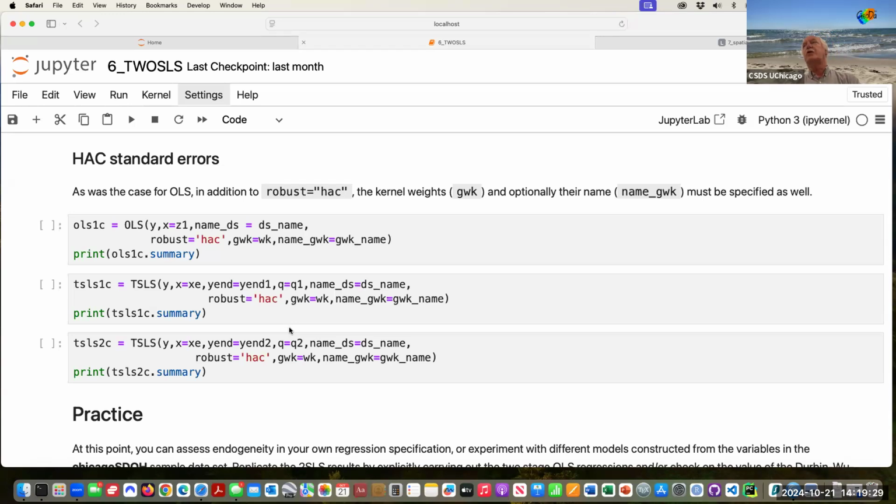Now, what if there's also correlation? Then we saw in class, there is a solution to this for time series. The way to think about it is that you compute covariances, but not all of them, because you can't.